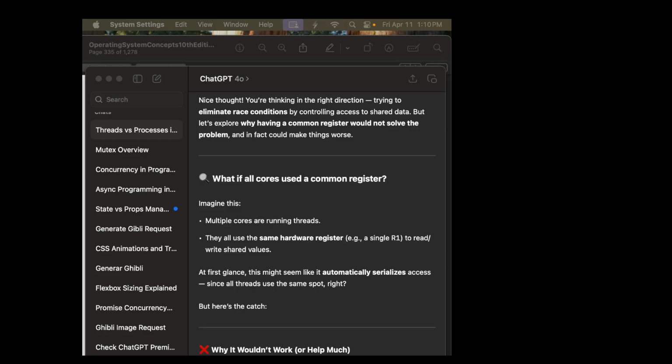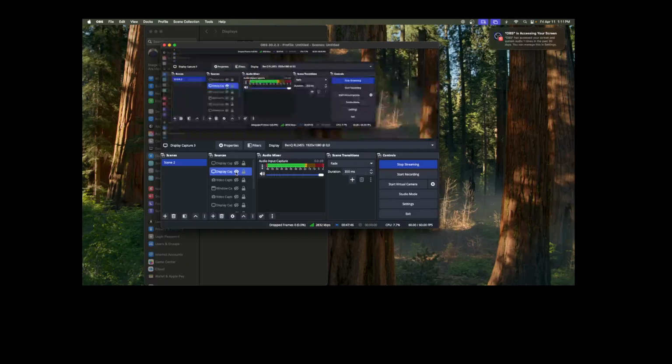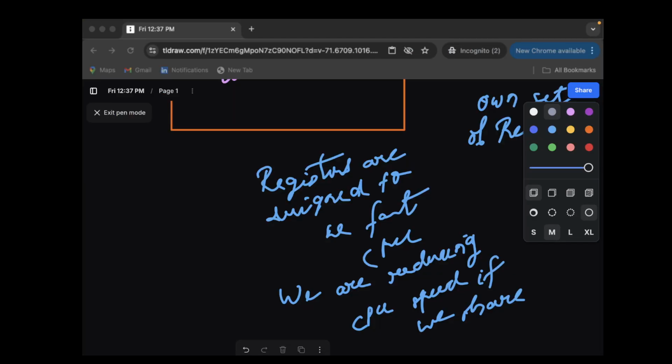Because of each CPU ALU having its own, these registers should be extremely fast, right?